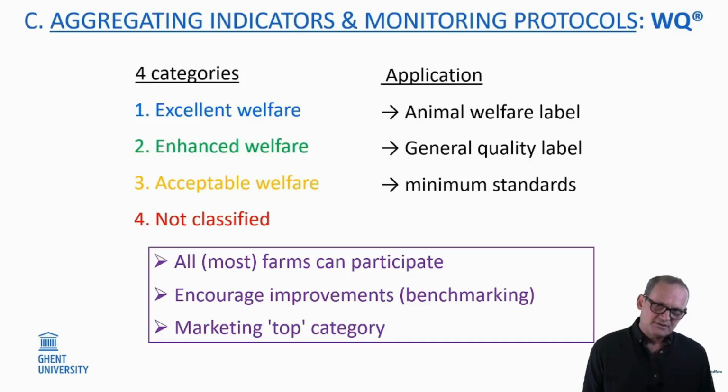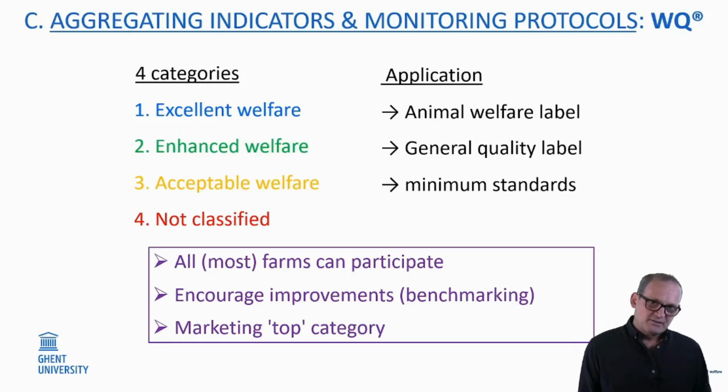And they deliberately chose those categories so that every farm could participate in the scheme, in which the highest category of excellent welfare was meant for those type of labels that specifically concern animal welfare as their key issue. The enhanced welfare was more for type of general quality labels in which animal welfare was part of, but not exclusively geared towards an animal welfare label.